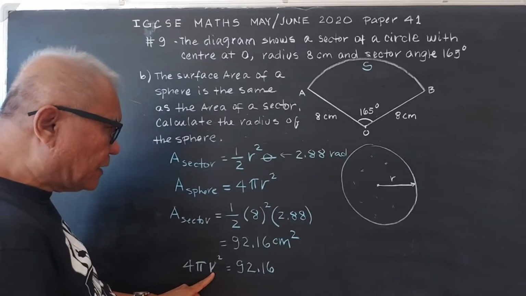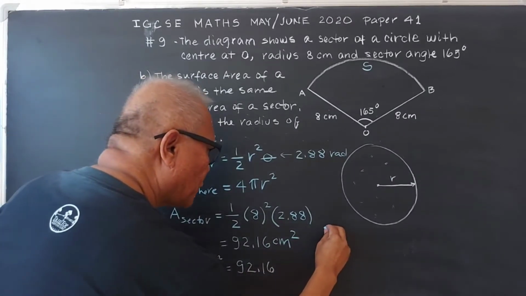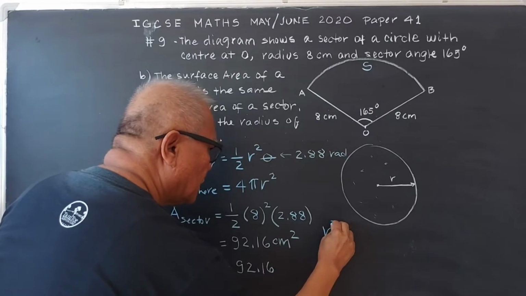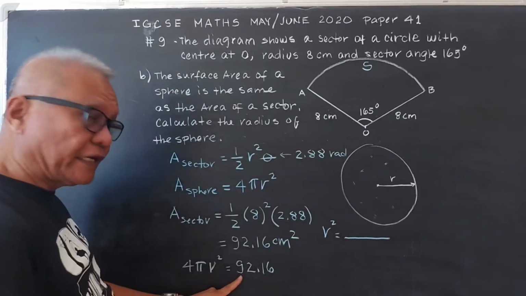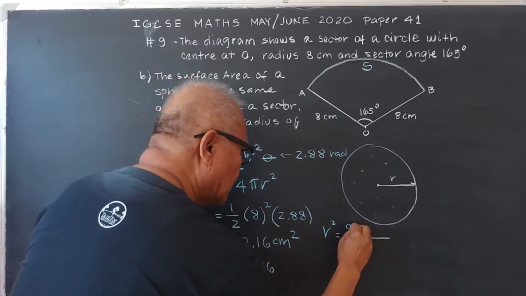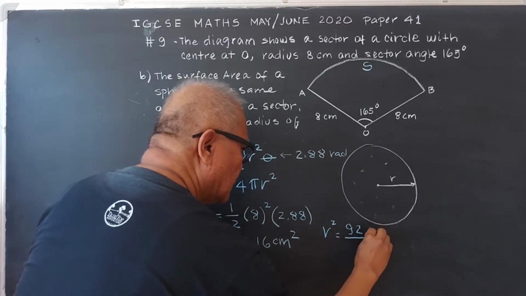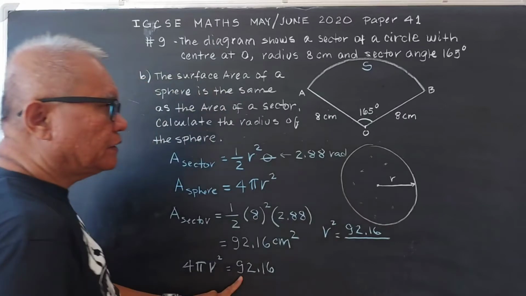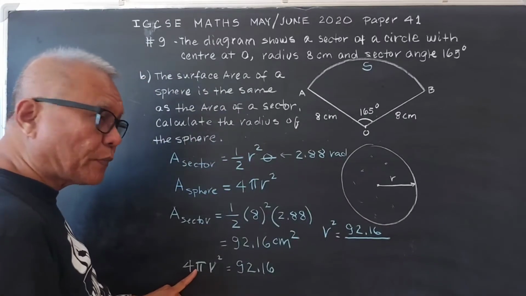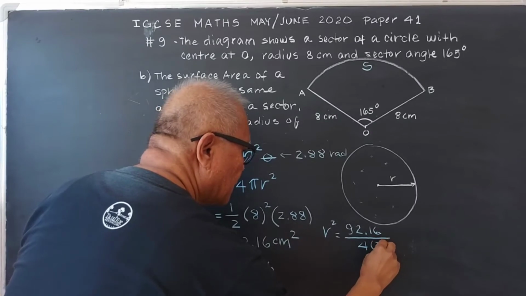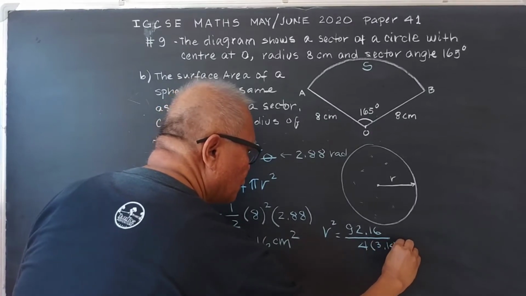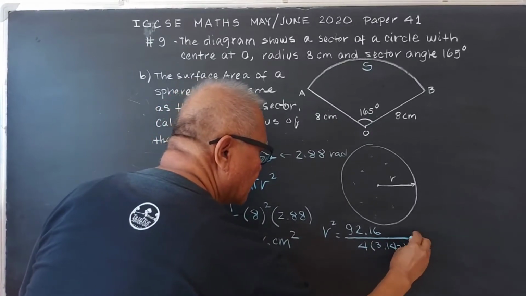And then to get the r, we have r squared now is equal to 92.16, and then we divide it by 4 pi. 4 times 3.142.